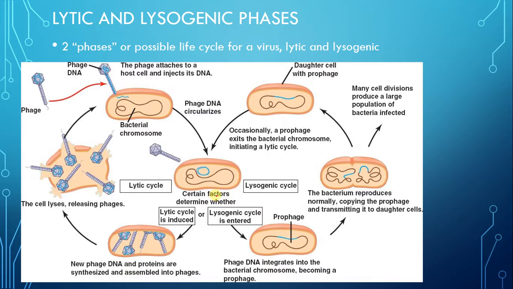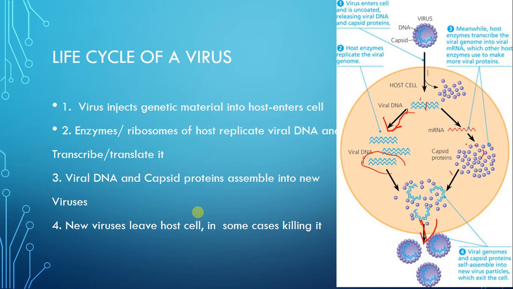Certain environmental and internal factors can induce this host bacteria and the viral genetic material within it to go in two different paths. In one path, it can go into what's called the lytic cycle, which is basically what we talked about in the previous slide.